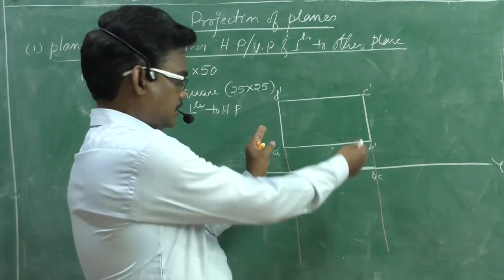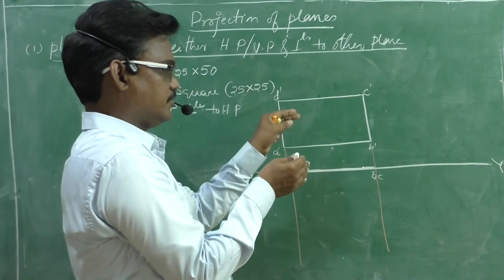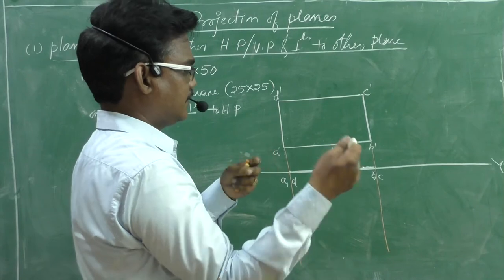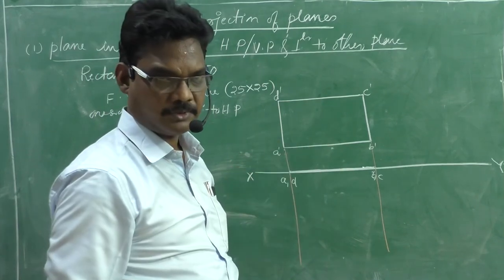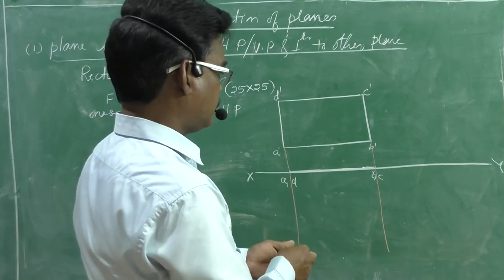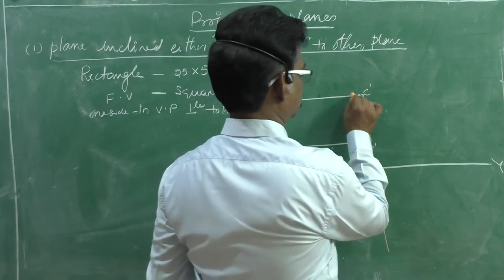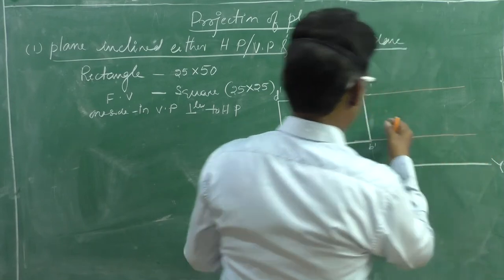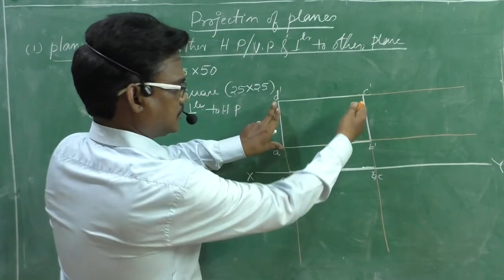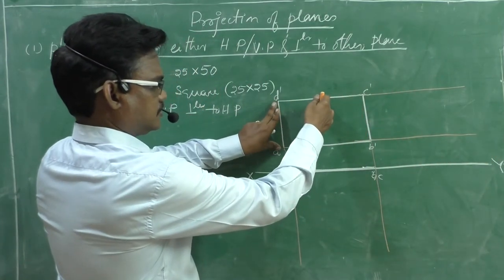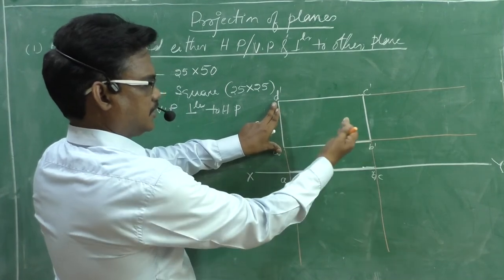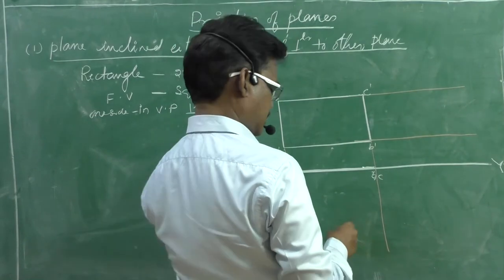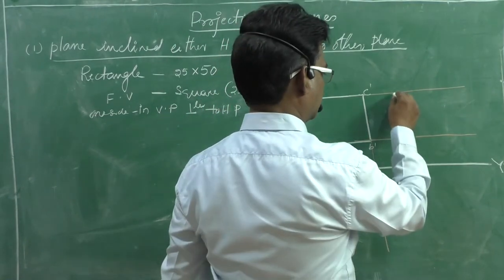Now it is inclined with the VP at some angle of inclination, we don't know, but the front view is a square. Therefore, if you project this, after the inclination with VP, the C shifts here and D shifts here, due to inclination, and that is the reason we draw the respective horizontal projections.